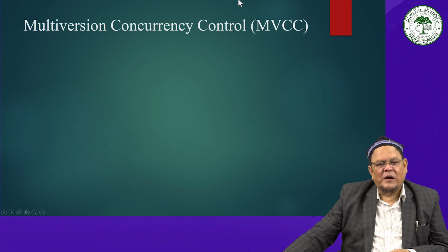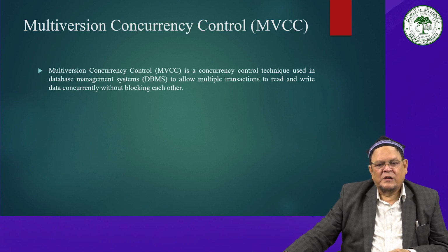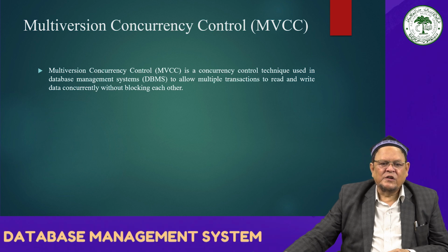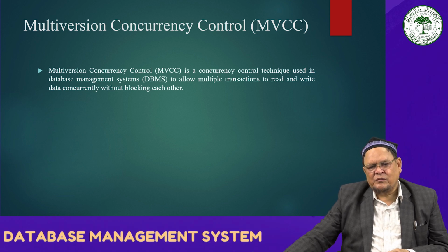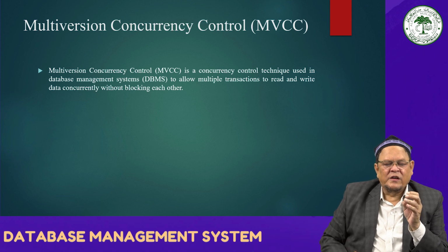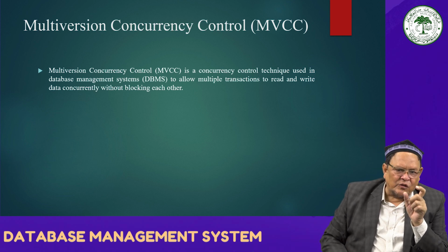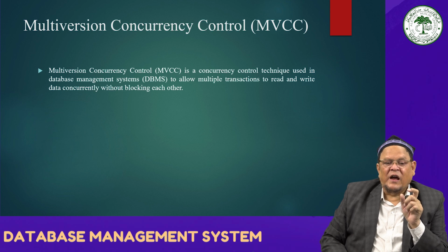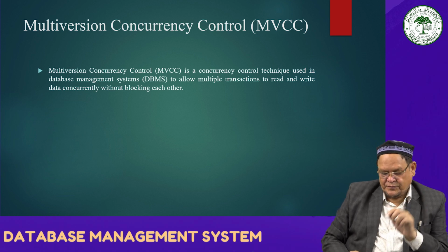The next is multi-version concurrency control, MVCC. Multi-version concurrency control is a concurrency control technique used in database management systems to allow multiple transactions to read and write data concurrently without blocking each other.